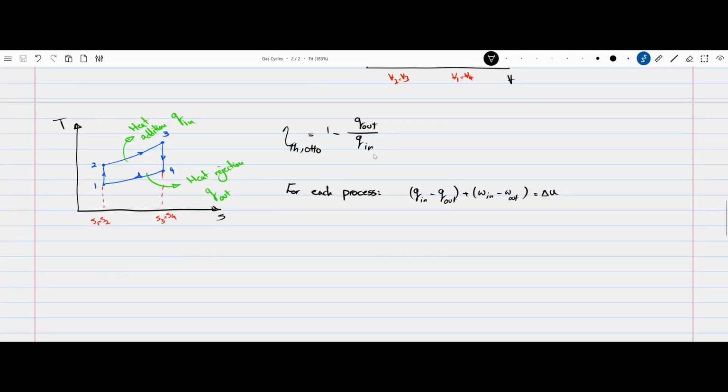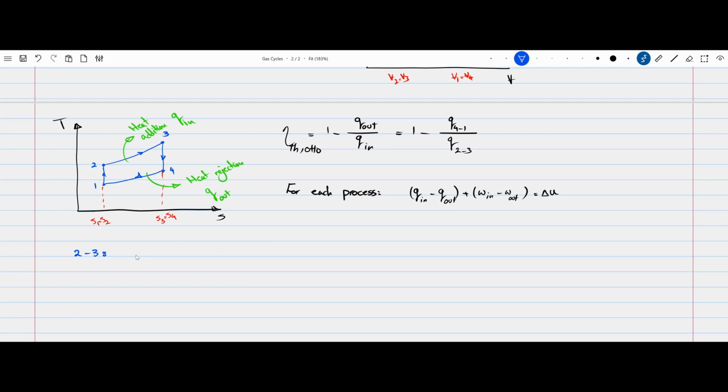I want to calculate the thermal efficiency of this cycle, and for each process, the first law of thermodynamics is true. From the thermal efficiency equation, I can say this is actually Q from process 4 to 1 over the Q for process 2 to 3. So these are the two processes that I need to focus on, starting with the process 2 to 3.